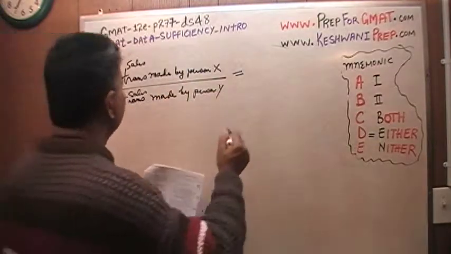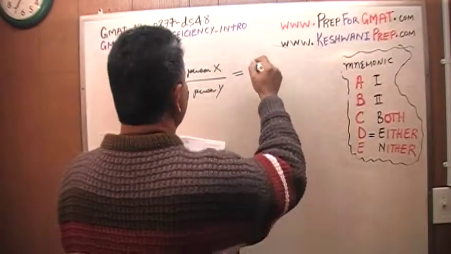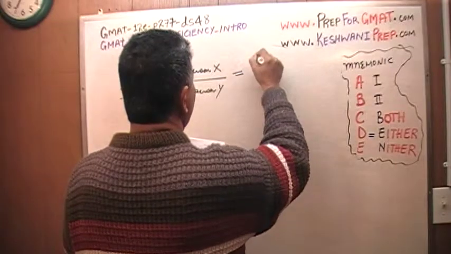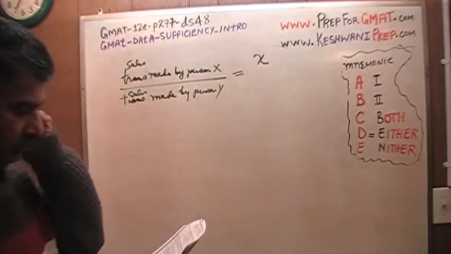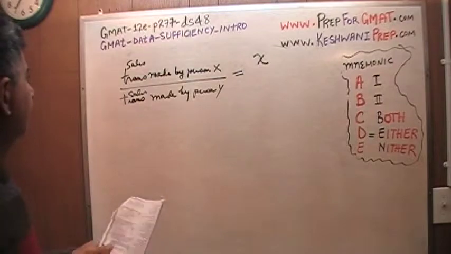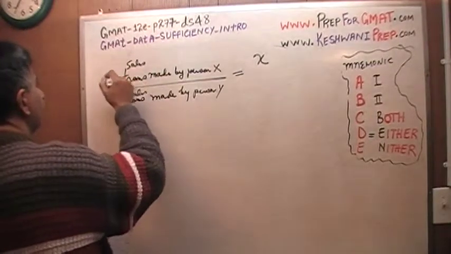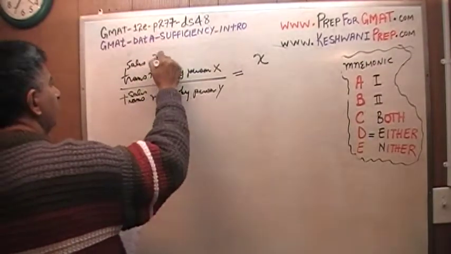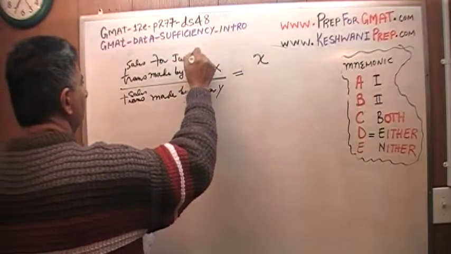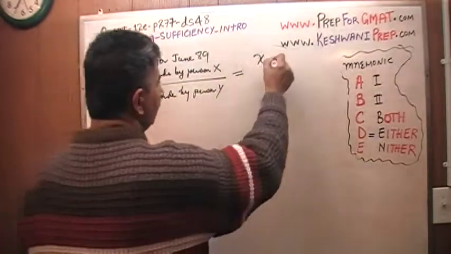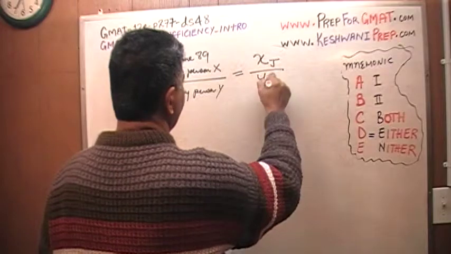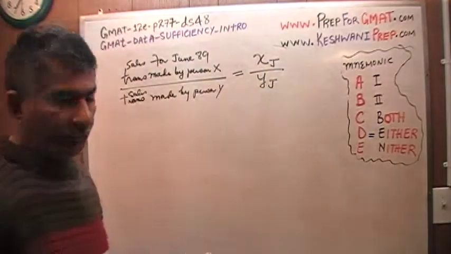Let's just call it small x, and this is for June of 1989. So let's call it subscript J. That's the notation I'm going to use in this problem.